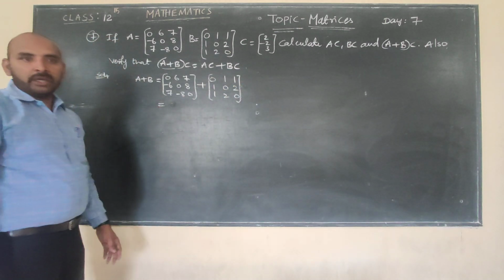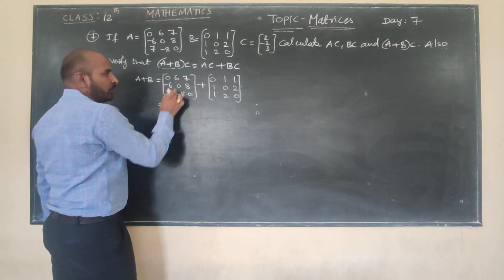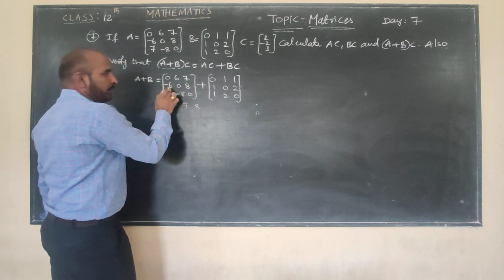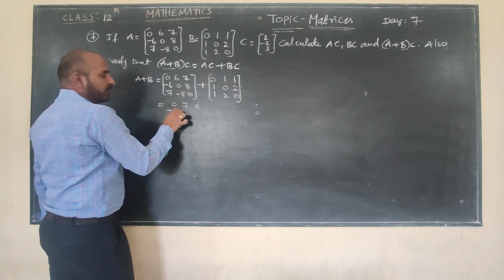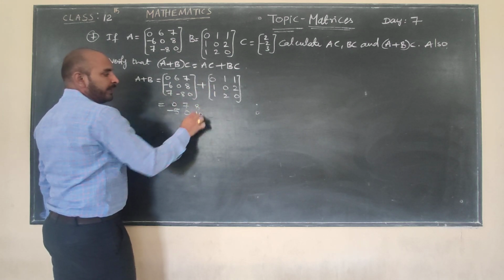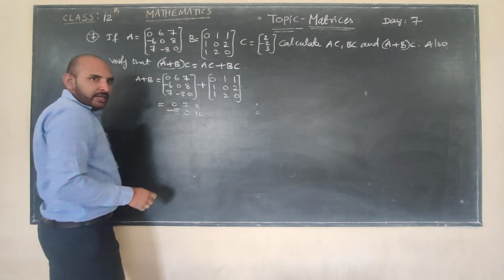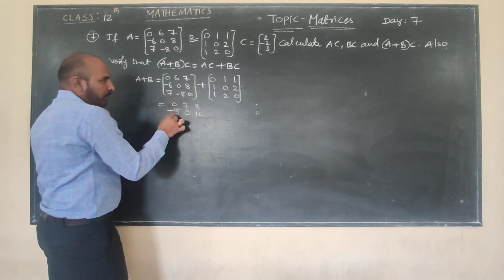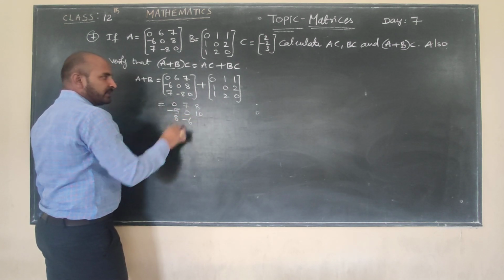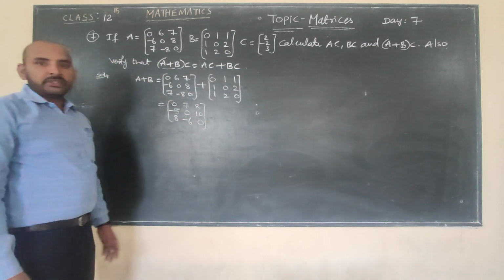A plus B is the addition of two matrices: 0 plus 0 is 0, 6 plus 1 is 7, 7 plus 1 is 8, minus 6 plus 1 is minus 5, 0 plus 0 is 0, 8 plus 2 is 10, 8 plus 2 is 10. Now the third row elements must be added: 7 plus 1 is 8, minus 8 plus 2 is minus 6, 0 plus 0 is 0, which is a 3 by 3 matrix.